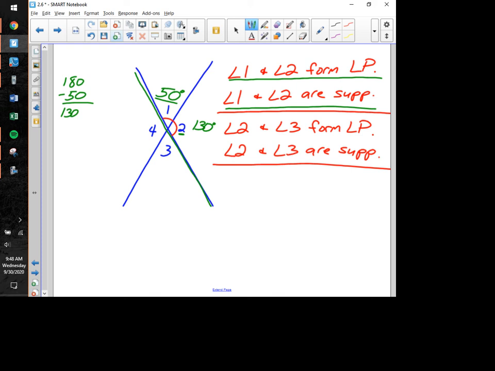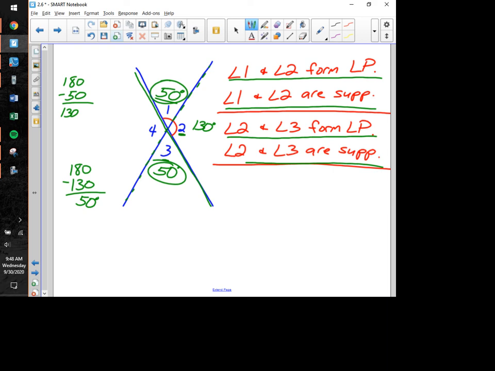Then, if I go and look at these two facts, 2 and 3 form a linear pair, right? Because that's a straight line right there. That makes 2 and 3 supplementary. So if I know the measure of angle 2, I can find the measure of angle 3 by taking 180, subtracting the 130 from that, and that gets me right back to 50 degrees here, which matches where we started up here for angle 1.